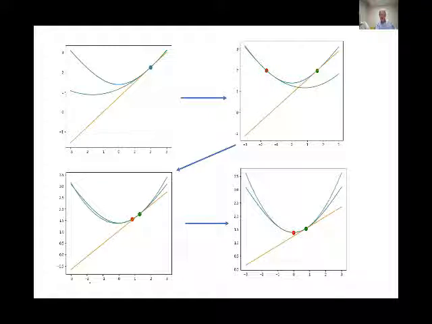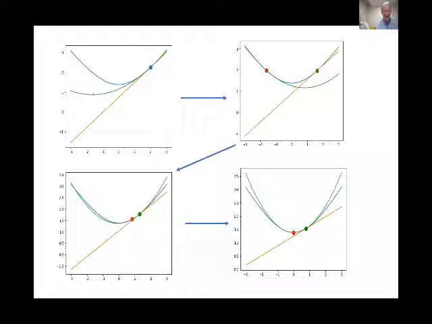Okay. So here's what it looks like when we do this in one dimension. We start with this point here, and the green one is the quadratic approximation, and the orange one is the linear approximation. What Newton's method does is, it says, okay, I'm going to approximate my curve with a quadratic one.